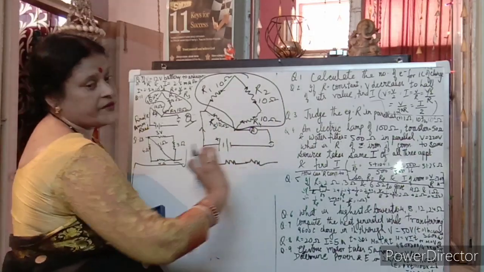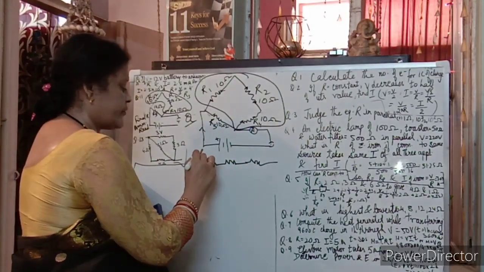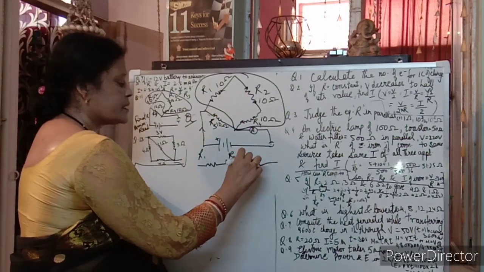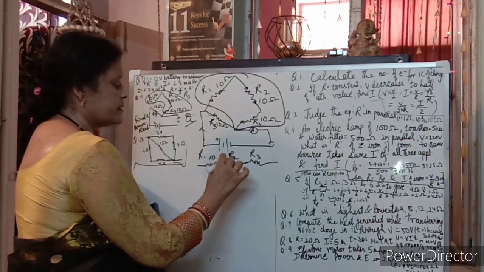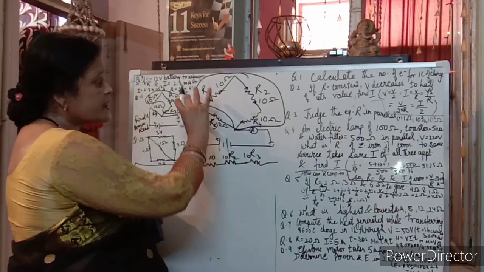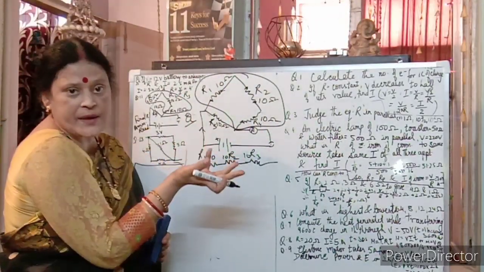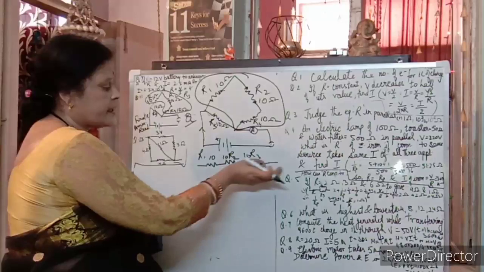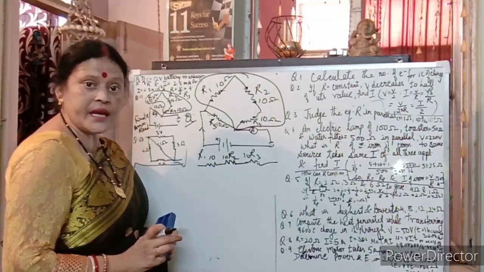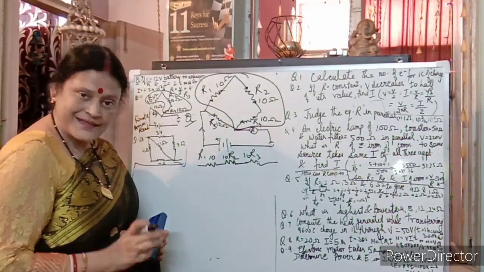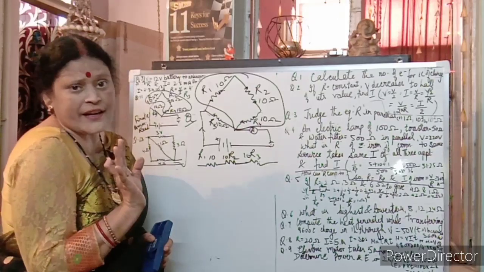This is how I have simplified this, and this is R1, R2, R3. Correct? 10, 10 and 10. This is how it is bent, the shape has been given. If I open this, the shape of the wire can be drawn in a straight line. Right? So, nothing to worry about.